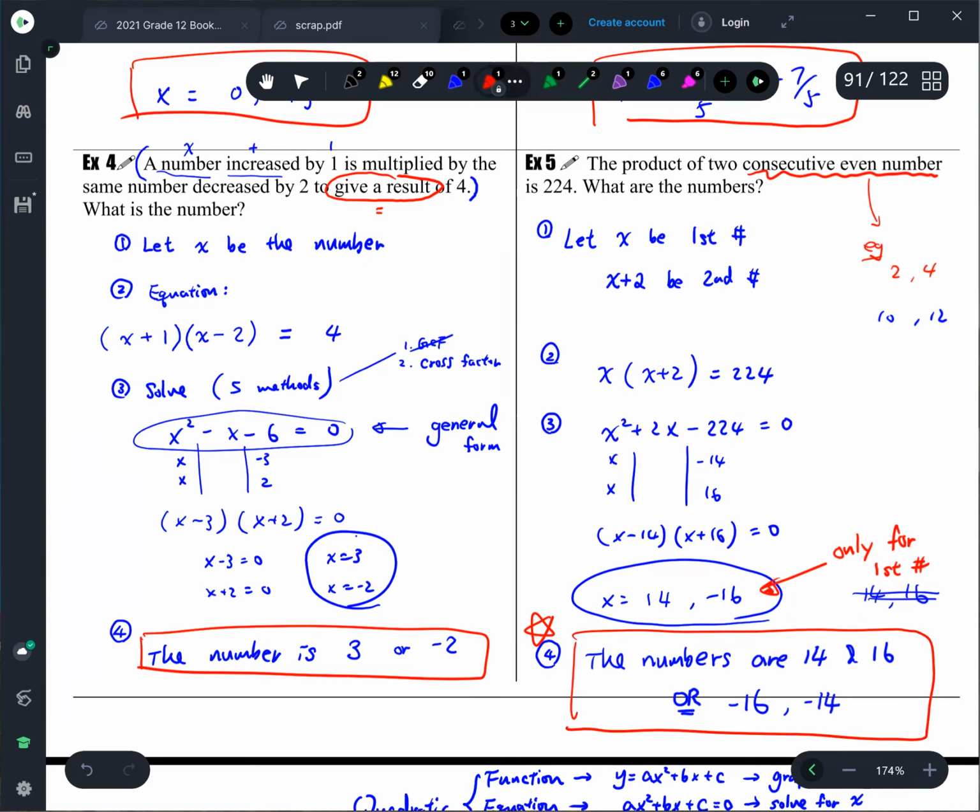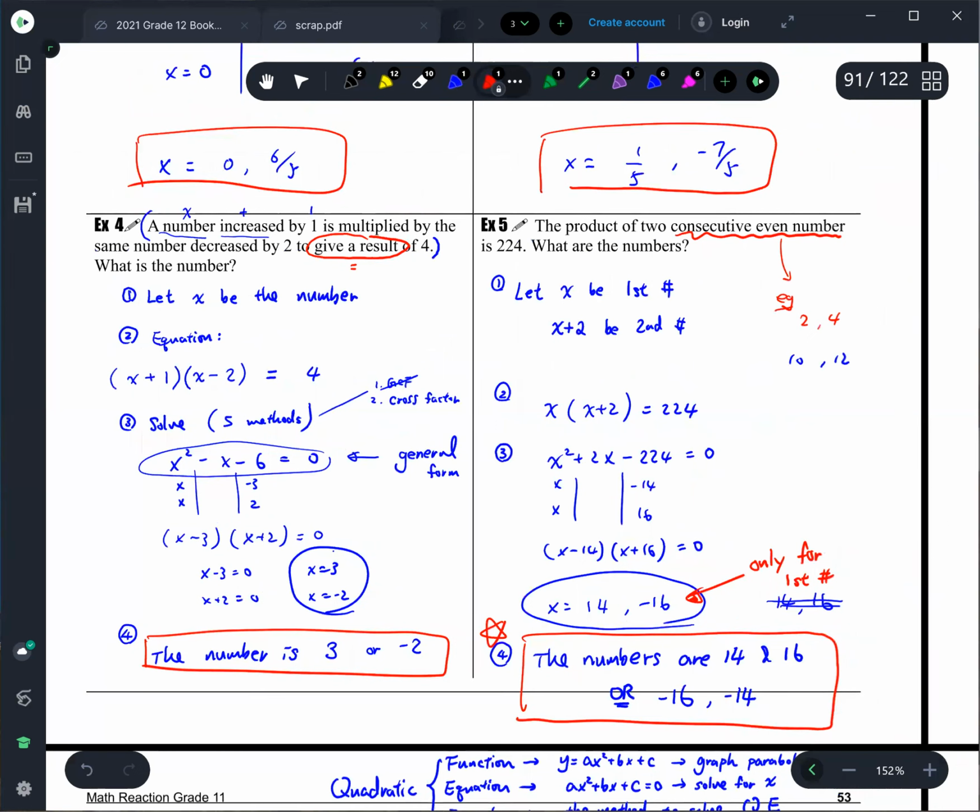We don't just move on once we got the x, okay? And then if you put numbers are 14 and negative 16, then all that work doesn't give you any mark. Probably get some part marks, okay? So be careful here. All right, so for the homework, I will assign some quadratic formula questions, right?